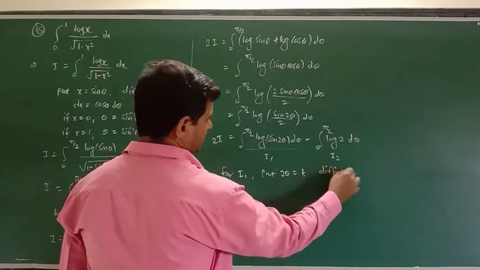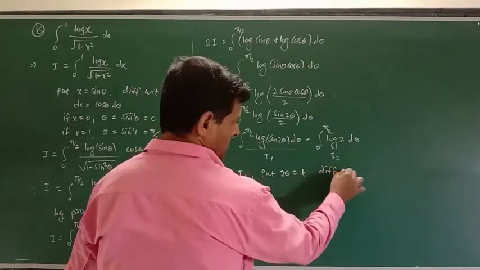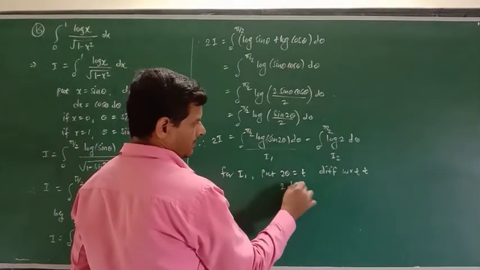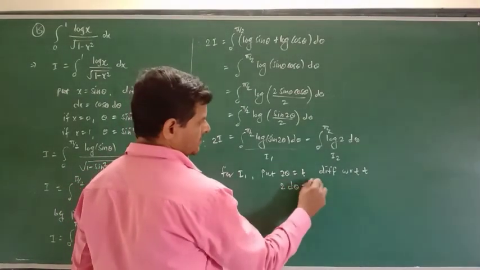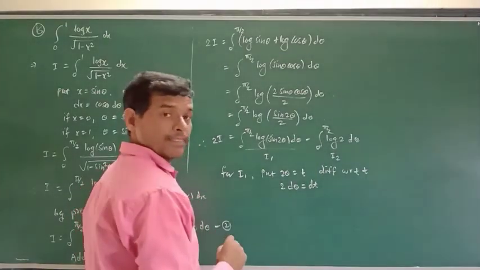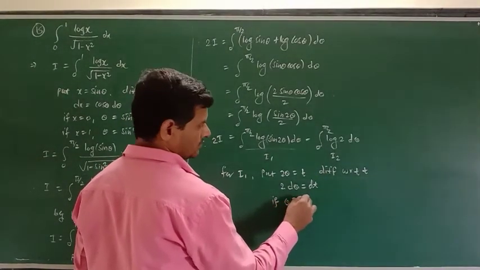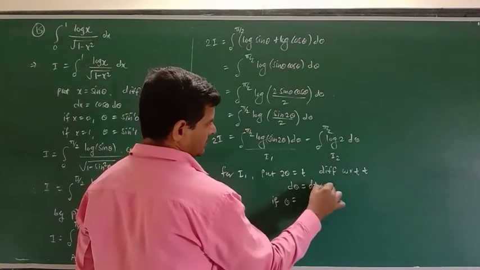Then we differentiate with respect to t: 2 d theta is equal to dt, so d theta is equal to dt upon 2.